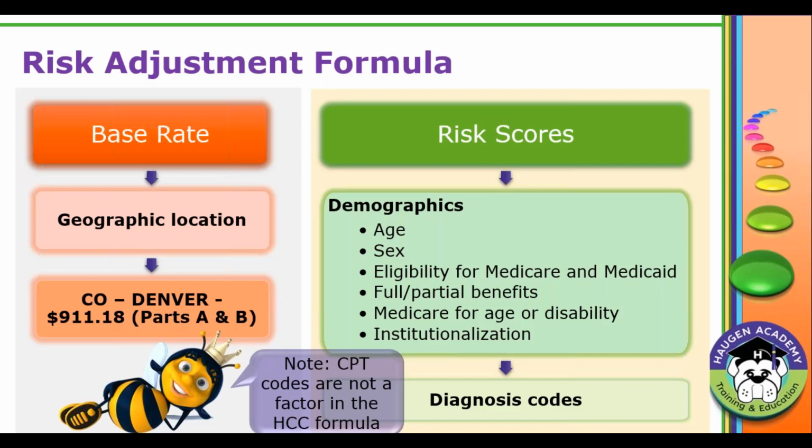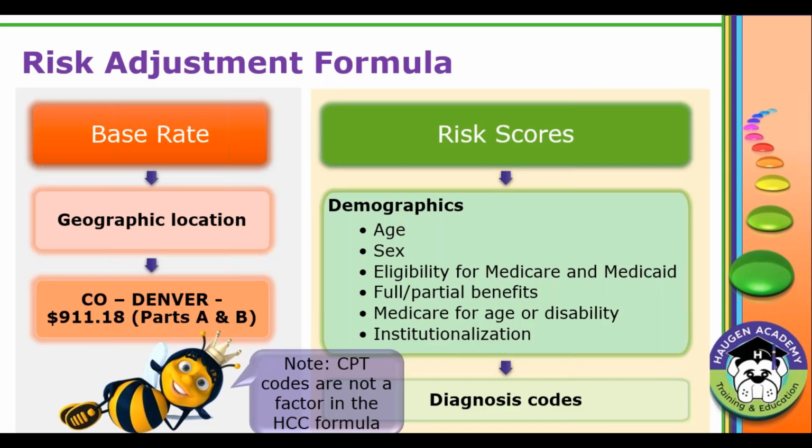But the risk adjustment formula, we talked about the base rate. So the base rate, as Shay mentioned, is set by CMS, but then there is an adjustment for geographic location. And for today's presentation, we have included Denver, Colorado as our geographic location, since that's where Haugen Consulting Group is based.